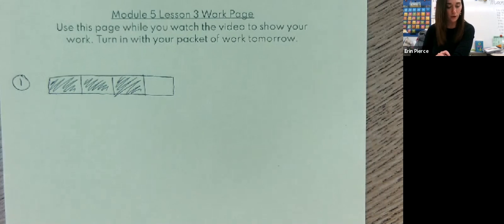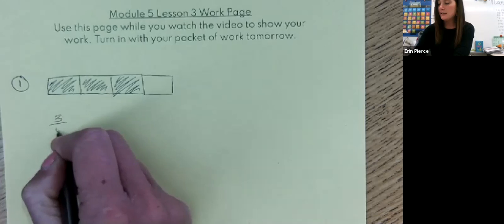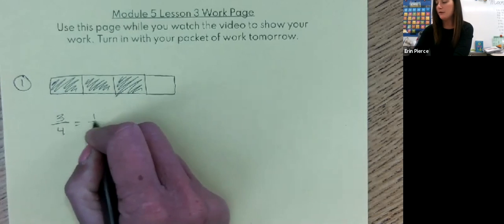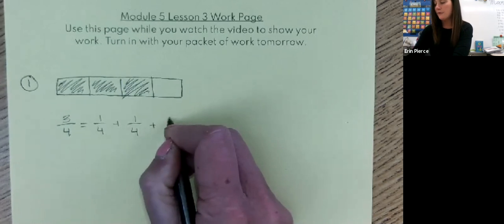Did you say 3/4? I would like for you to say 3/4 decompose as a sum of unit fractions. What do I mean by that? That means we have 3/4 is equal to 1/4 plus 1/4 plus 1/4.